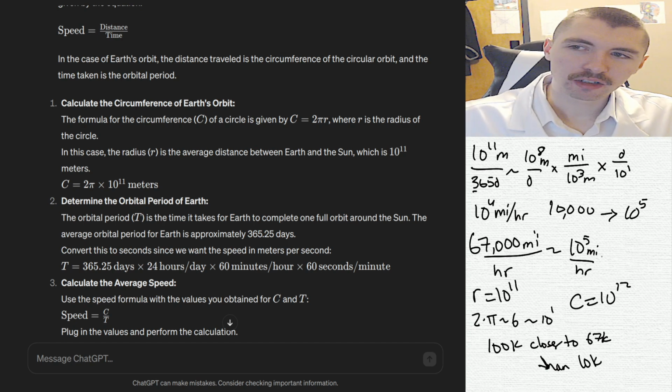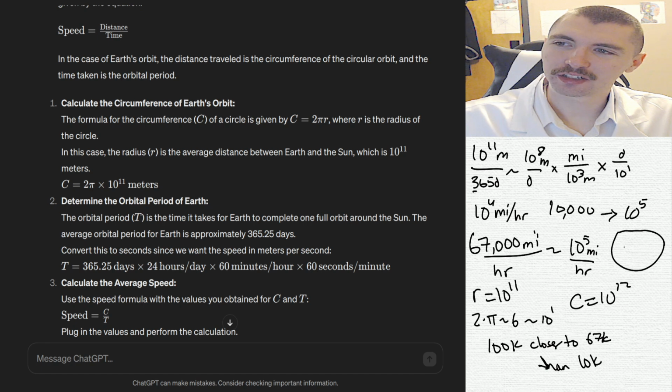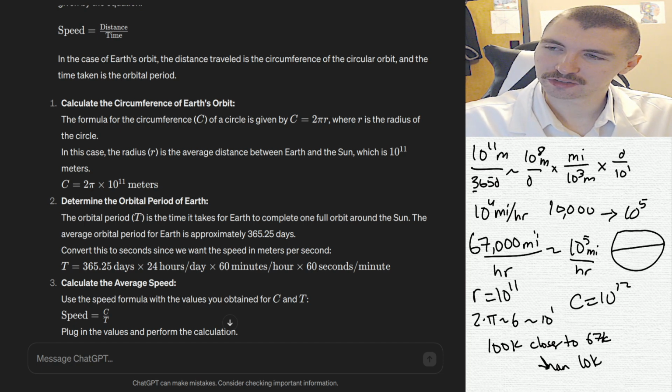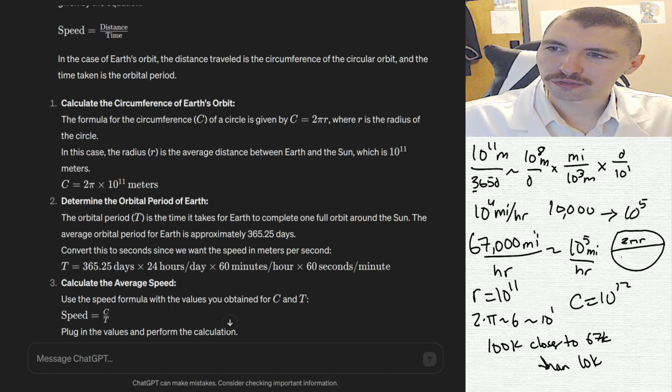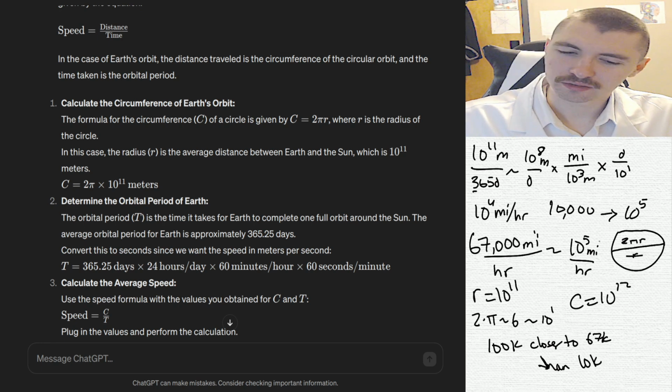So why we're struggling is we didn't think about the circumference of a circle. It's 2 pi r. We were naive and just said this was r. It's not r.